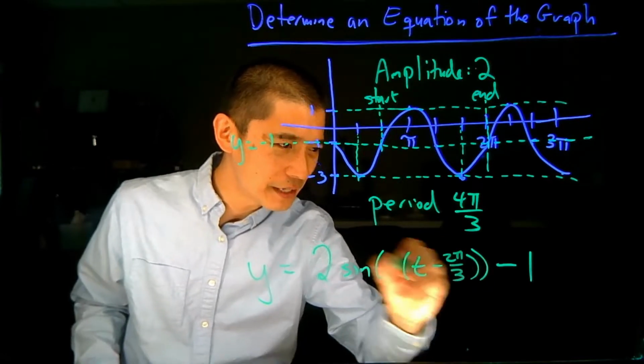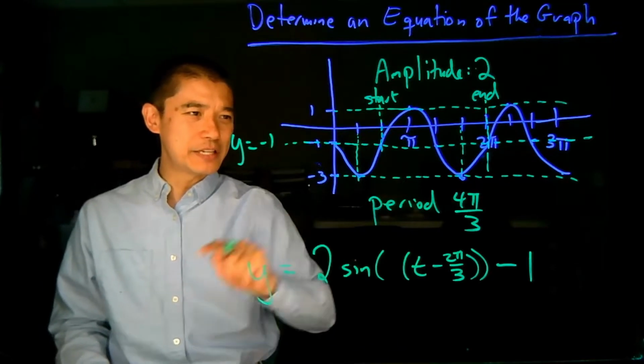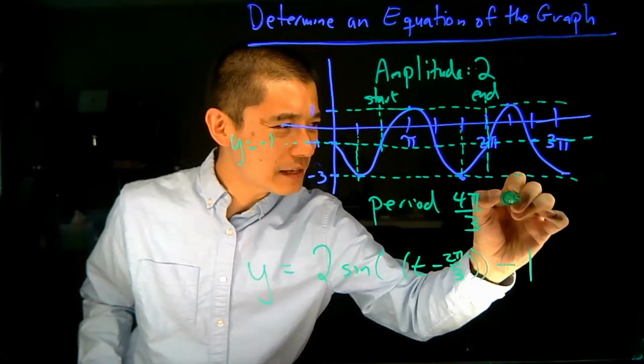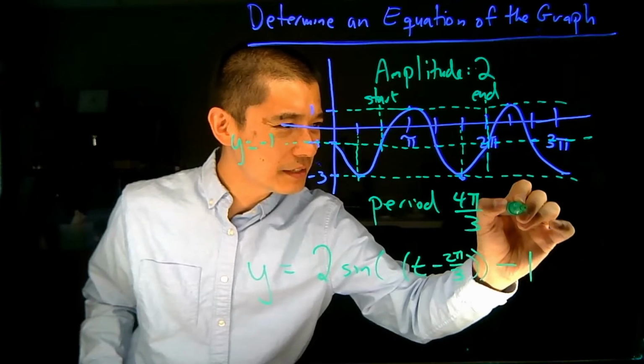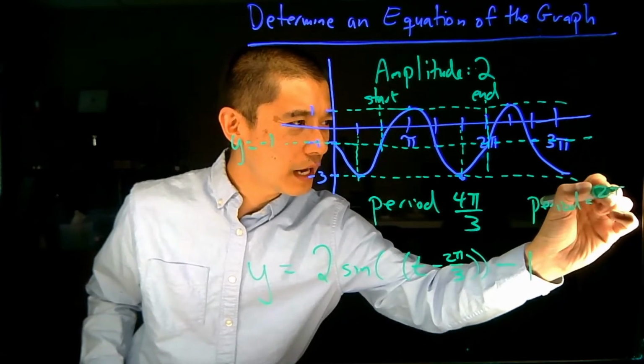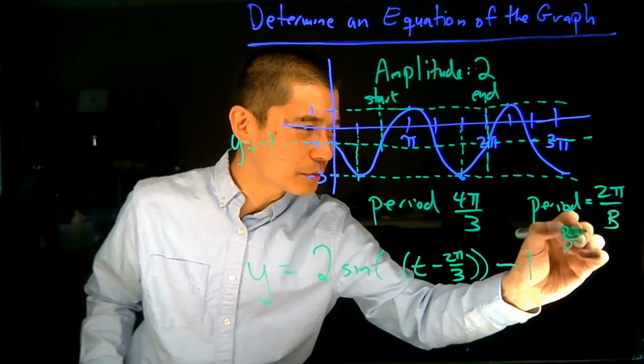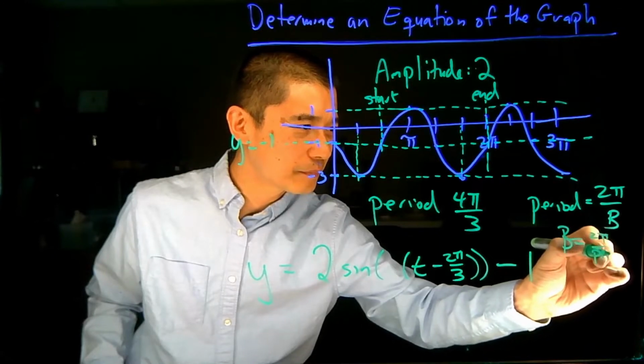That part's not so bad. And then we have to figure out what is the multiplicative factor b here. And the relationship that we have is that the period is 2 pi over b. And so if we actually solve for b, b is equal to 2 pi over the period.